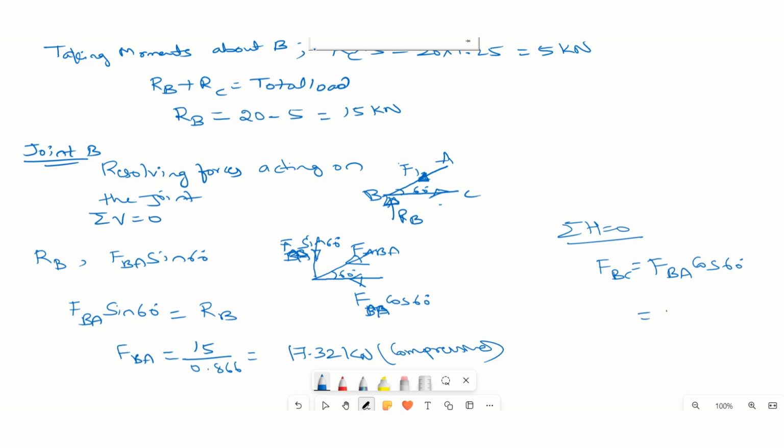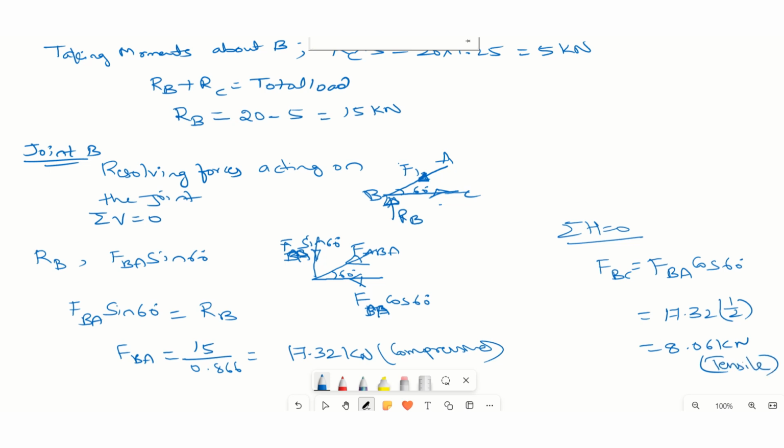FBA is calculated as 17.32, and substituting the cos 60 value, that is 1 by 2, FBC is 8.06 kilonewton. Our assumption of BC being away from the joint B, that is tension, gives a positive value, so our assumption is also right. That member is under tension, the nature of the member is tensile.